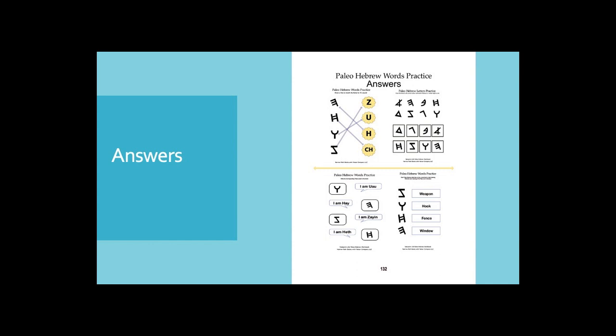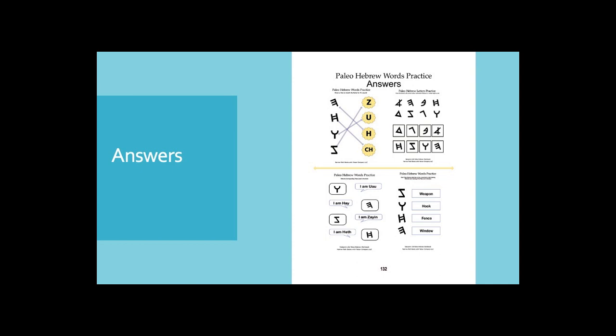Then on page 39, I think you can self-check that to be sure you wrote the letter correctly. And now we're going to take a look at the main meanings on page 40. So Zion's main meaning, I believe, is going to be weapon, right? When we go back and we look, I think we'll find that it is weapon.